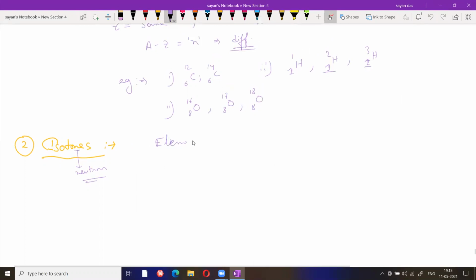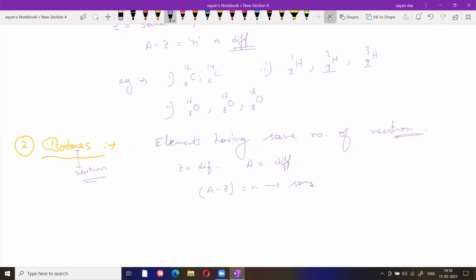Elements having the same number of neutrons are called isotones. In this case, Z is different, A is different, but remember A minus Z, the neutron number, is the same.